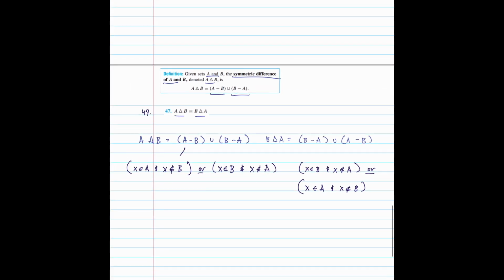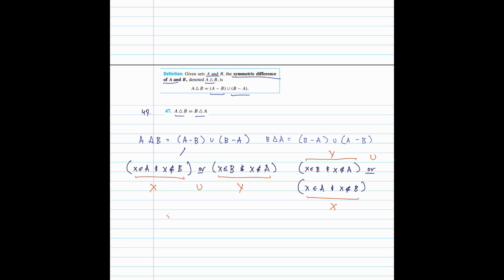If we say, okay, let's use different letters, this is set X and this is set Y, connected by the union. X would be this one and Y would be this one, with a union here.